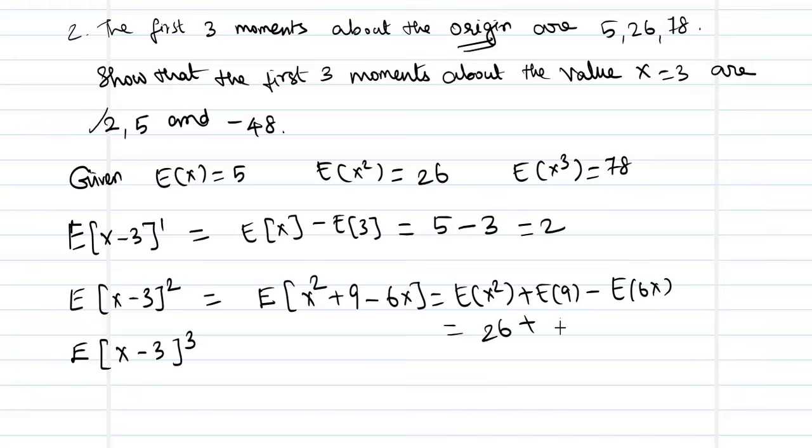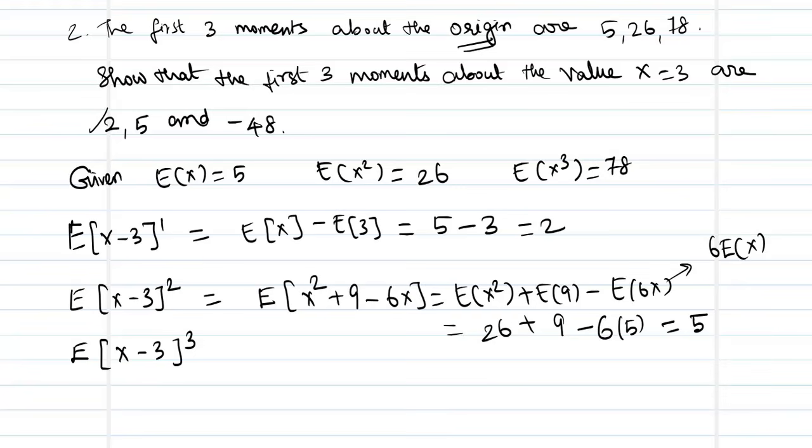E of 9 is a constant, so that makes it 9, minus E of 6x is E of ax, so the constant comes outside, so you just have this as 6 times E of x. So what is our E of x given as? 5, so this becomes 6 times 5. So it is 26 plus 9 minus 6 5s are 30, so that makes it 5 totally.